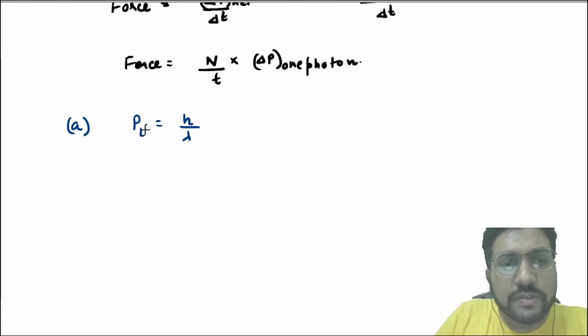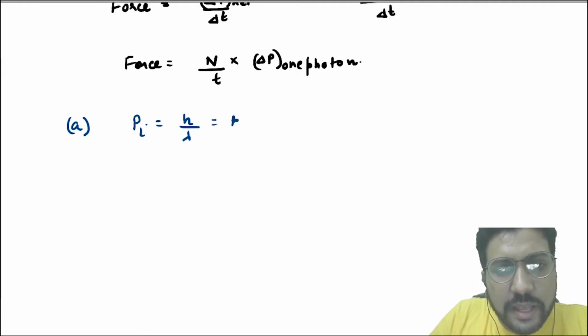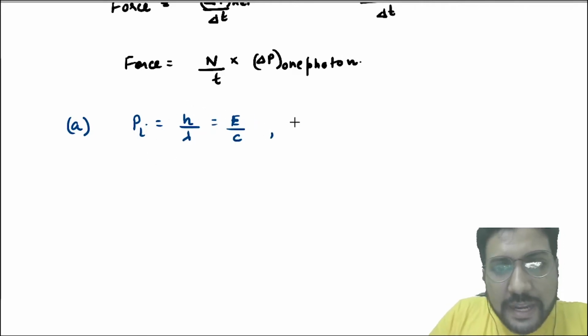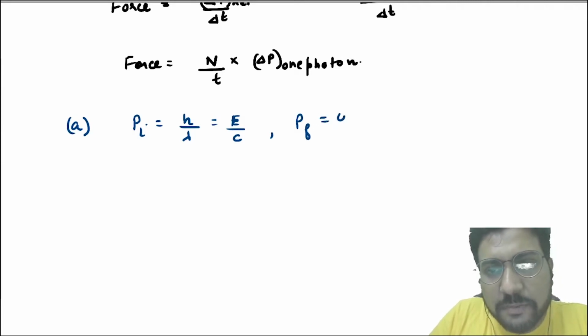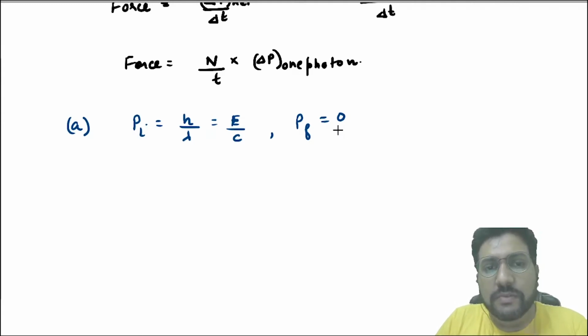The momentum of a photon is equal to E by C or H by lambda. You can write it as E by C, and E can be written as Hc by lambda, so c cancels and momentum is equal to H by lambda. And the final momentum is 0. Why? Because it has been absorbed. Now the photon has been destroyed.